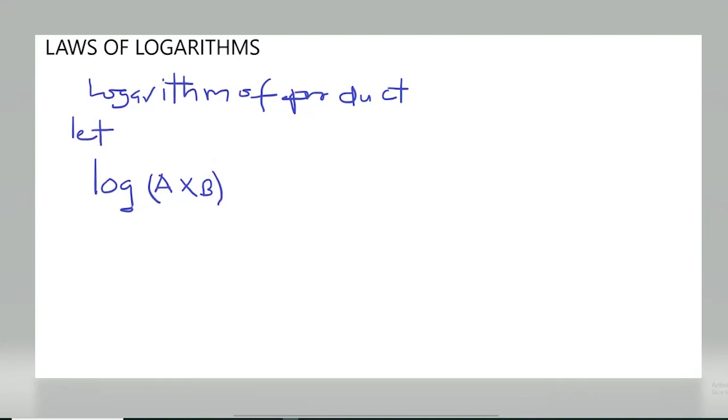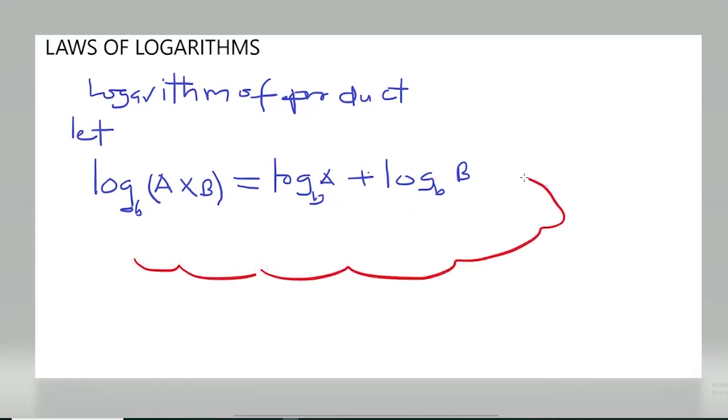The law says the logarithm of a product of two numbers is always equal to logarithm of the first number A with base b, plus logarithm of the second number B with base b. This is the general formula of logarithm of a product of two numbers.